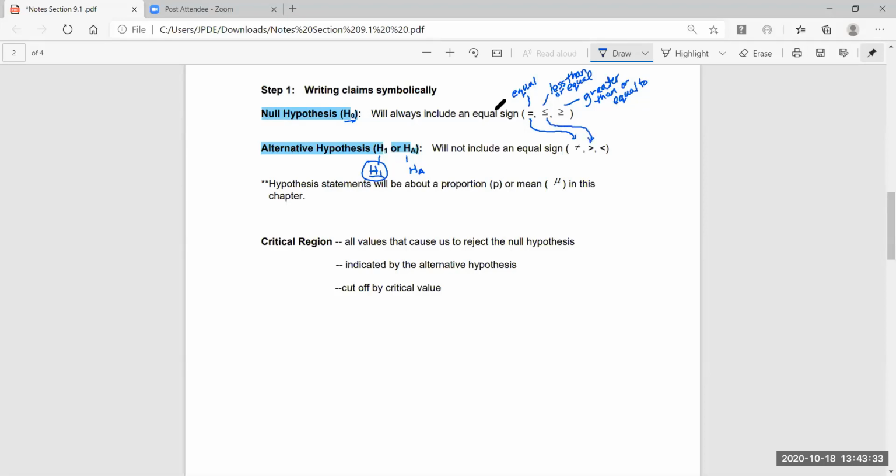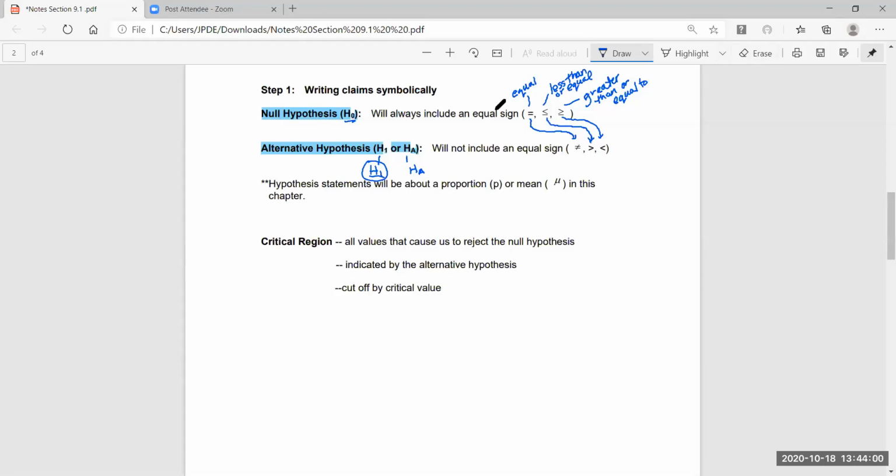If something is not less than or equal, it is greater than. If you have greater than or equal to, you will have less than. So what you're doing in the alternative hypothesis is having the complement. So the H0 and the H1, the null and the alternative, are complements.